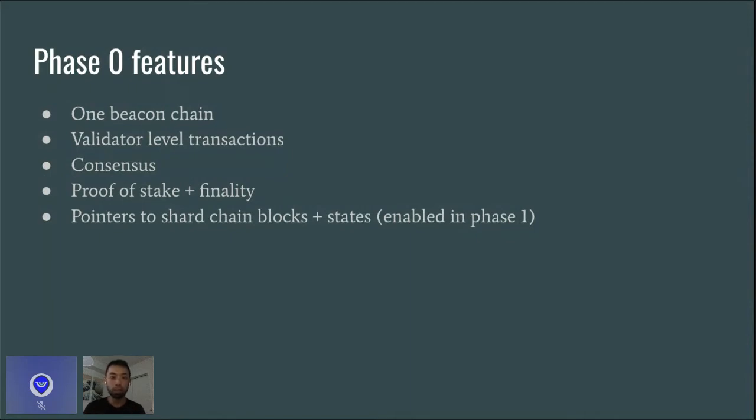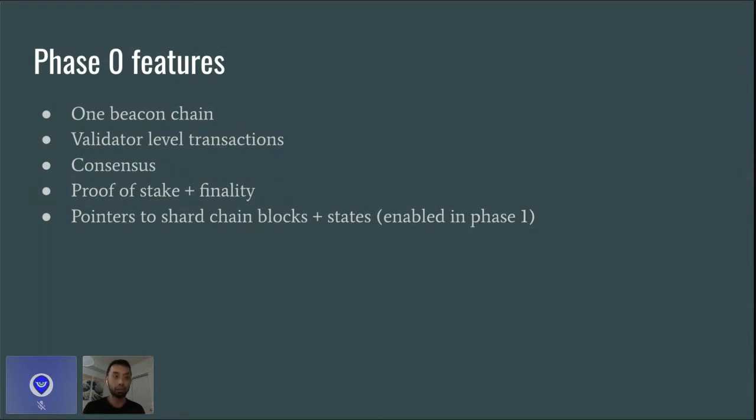A couple of key phase zero features: it only handles validator level transactions, and it has consensus, which is proof of stake consensus. It uses a finality gadget. It has this awesome crypto economic guarantee, which is finality.